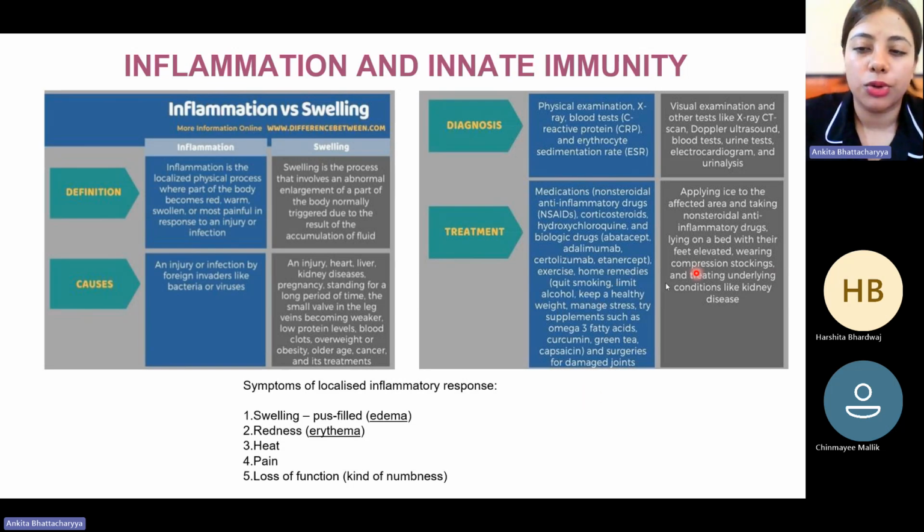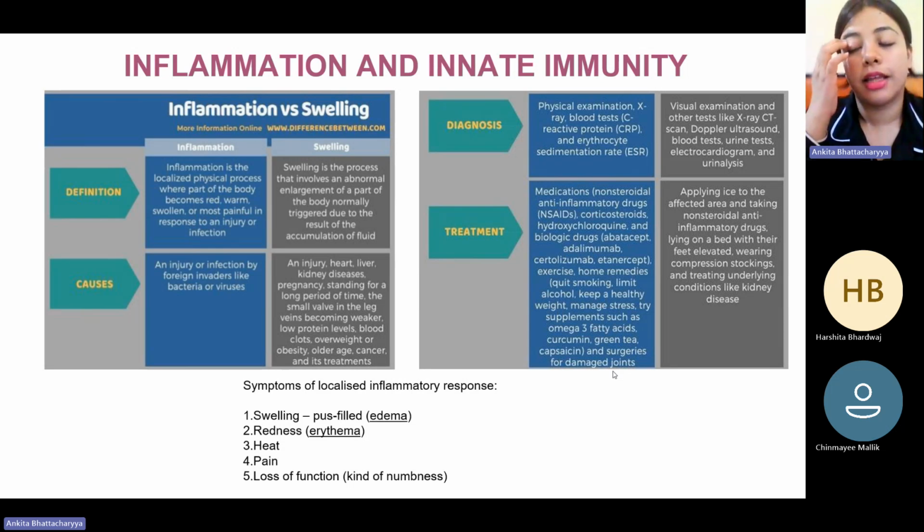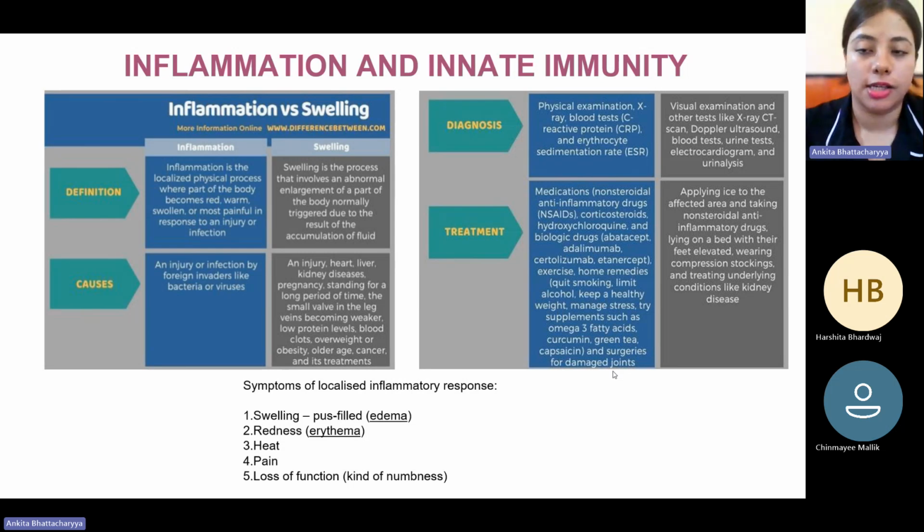If you are not already familiar with it, the term itis, any condition which ends in itis refers to an inflammatory condition. So there has been some sort of an allergic or an inflammatory response, and therefore that condition has itis at the end of it. So you have conjunctivitis, vasculitis, meningitis. They are all inflammatory conditions. So that's an easy way of recognizing a subtype of diseases.